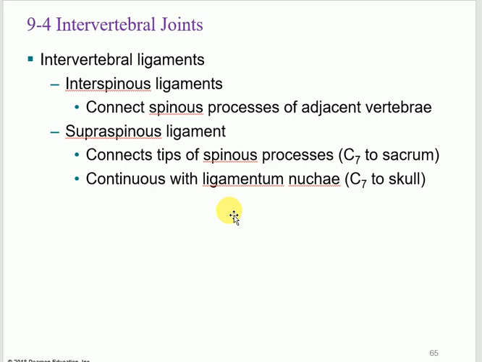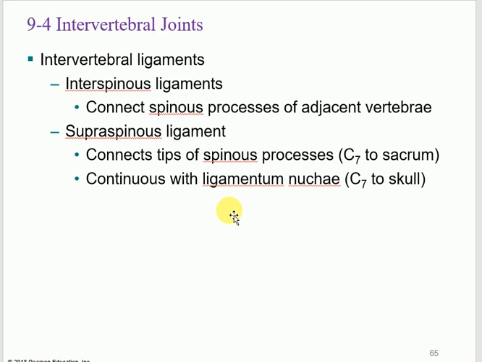Interspinous ligament connects the spines. Supraspinous ligament connects the spinous processes from C7 to the sacrum, just the upper parts. It goes like this, from C2 all the way down, because C1 has no spine. Each one of those has a spinous process, remember?